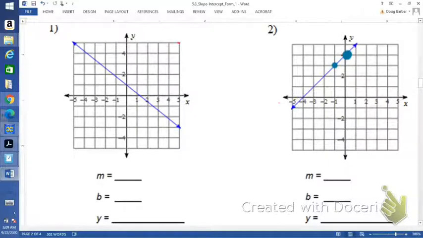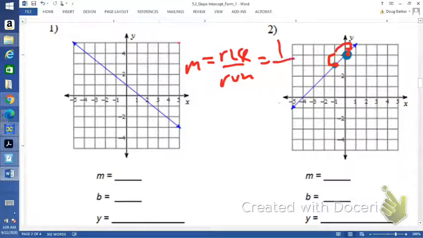Alright, so the slope, to go from this dot to that dot, we're going up 1. So our slope equals rise over run. So we're going to go up 1. Since we went up, it's positive. And then we go to the right 1. Since we went to the right, it's positive as well. So our slope equals 1.